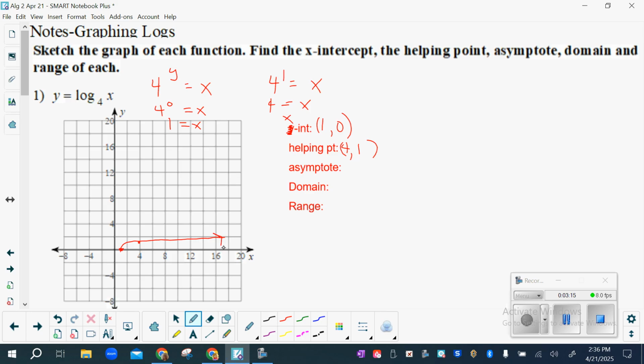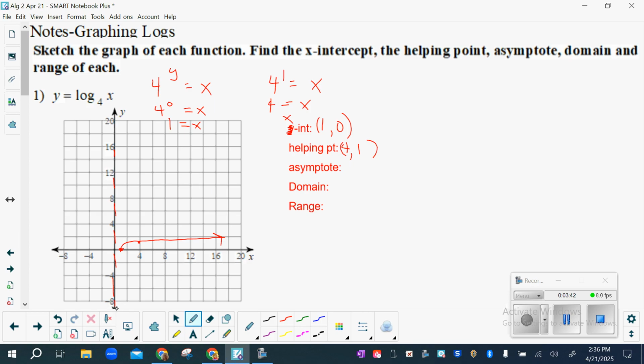So what we want to do is, if we get y values that are negative, will I ever get to 0? I won't, will I? So my asymptote on this one is going to be this line right here. What's the equation of that line?